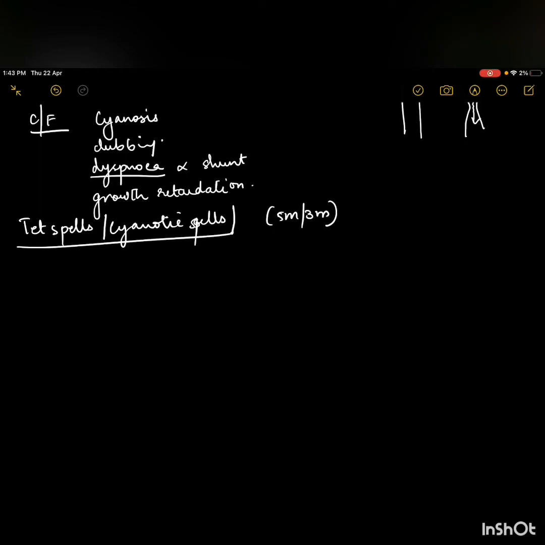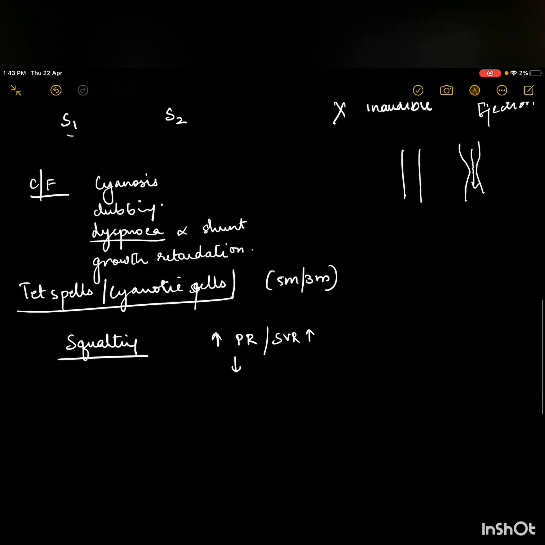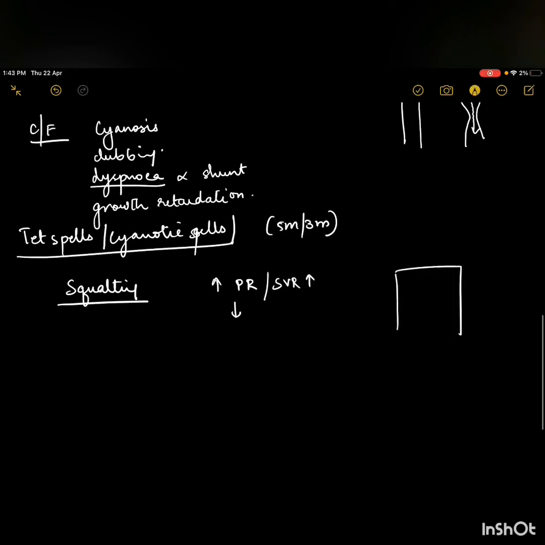So when the baby goes into a squatting position, that is the knee is to the chest, what happens is there is increase in peripheral resistance. So the systemic vascular resistance is increased, right? And because of this, the blood that is reaching the heart, so the output of the left ventricle is the aorta, right?